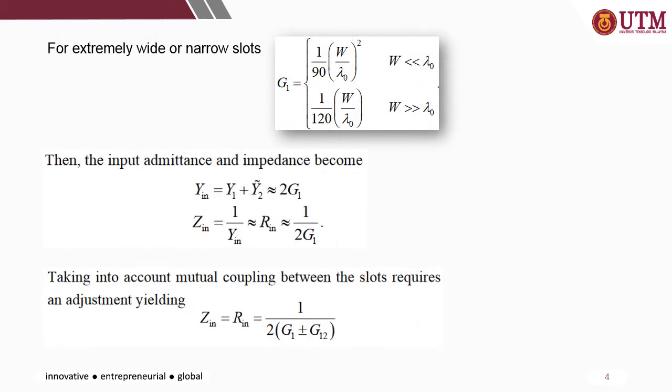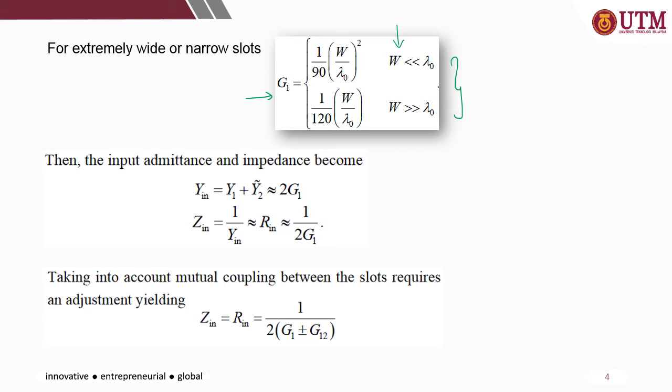Okay, while for extremely wide or narrow slots, since we are assuming that G1 equals G2, the conductance G1 is equal to the following equations depending on the width of the patches.